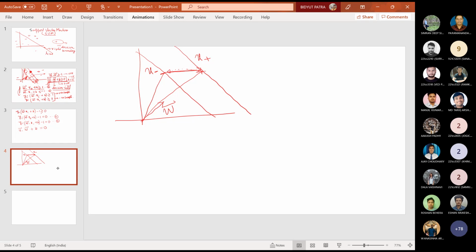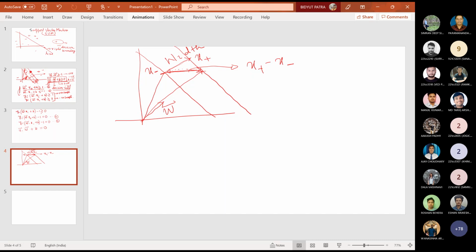This is not the width of the street, this is the vector, x plus minus x minus. And the width will be this one. So you have to find this width.